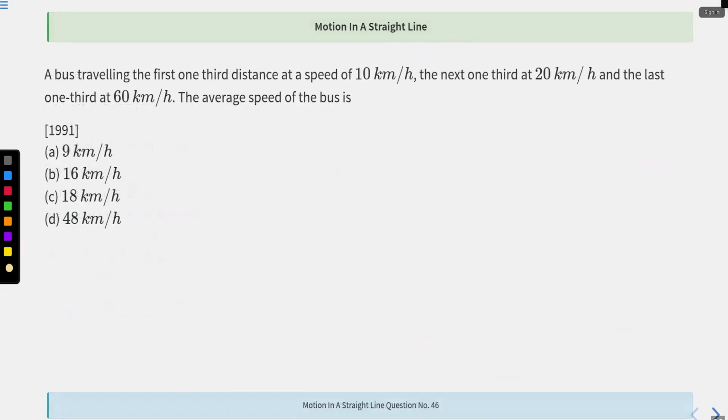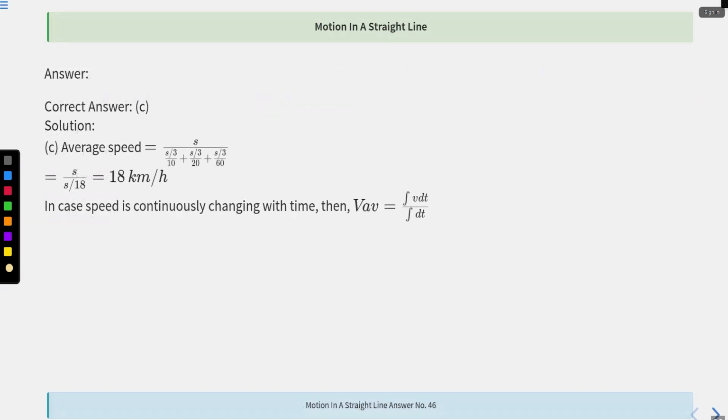Yeah. Next question. A bus travels for the first 1/3 of the time at a speed of 10 km per hour, the next 1/3 at 20 km per hour, and the last 1/3 at 60 km per hour. Then what is the average speed? That's very easy. Average speed is equal to total distance, which is this, divided by the total time. It's 30 km per hour.